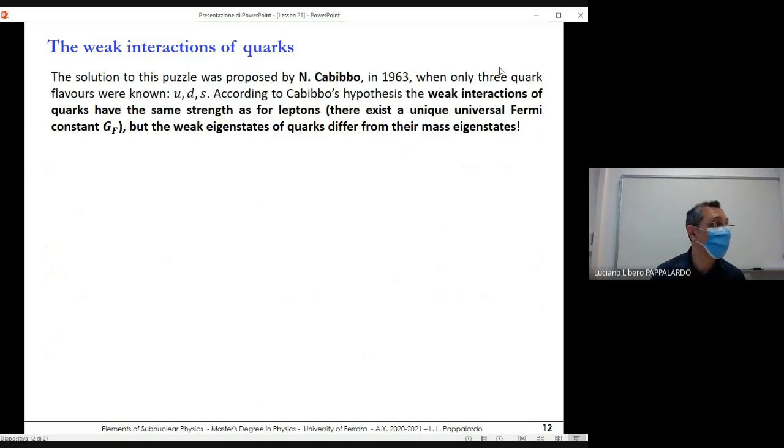So why do we observe a different coupling now in the quark sector? The explanation, according to Cabibbo, is that the weak eigenstates of quarks differ from their mass eigenstates. What does it mean?